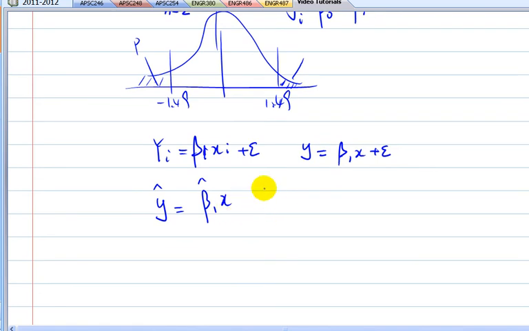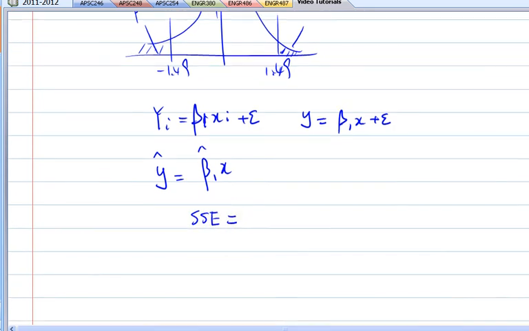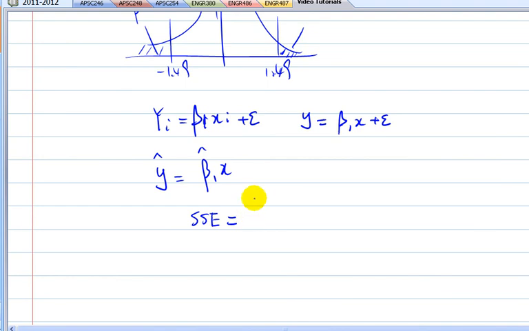Well, it's simple because in the lecture we have a beta naught, but this beta naught is gone. So we do the same thing. How do we get beta naught hat, beta 1 hat? We create the residual sum of squares, the sum of the square of errors, which is y_i minus y hat i, squared.